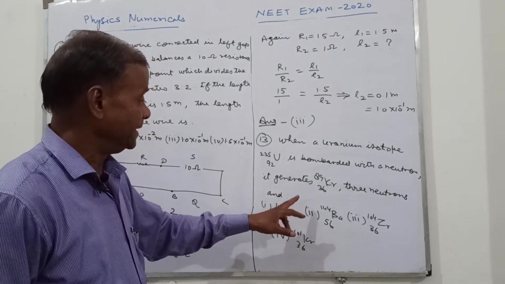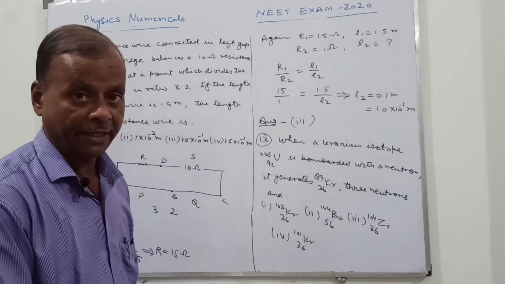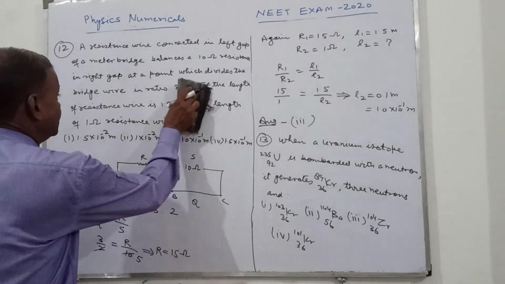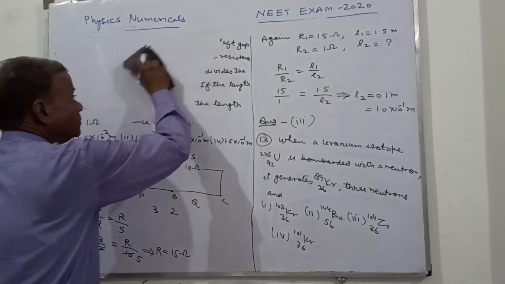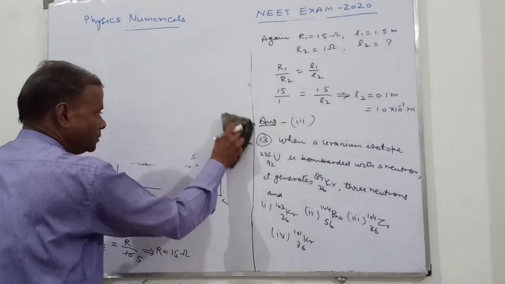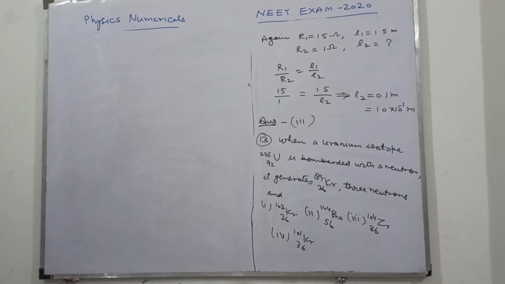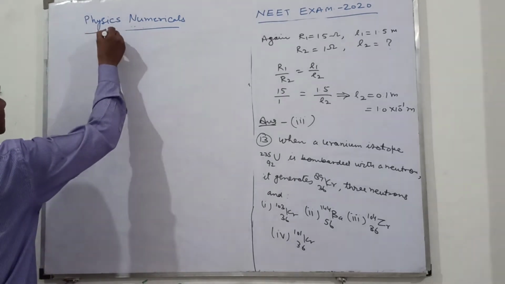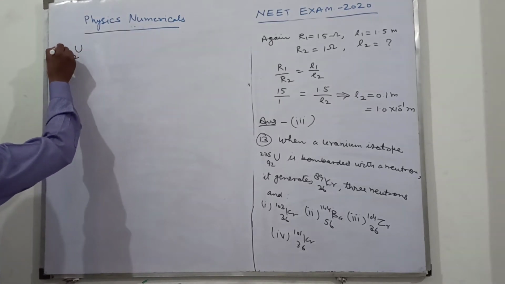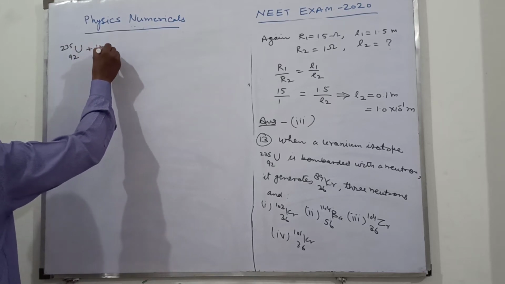So you know that if you match the atomic number and atomic mass, how this is now uranium 92-235 plus neutron 0-1.